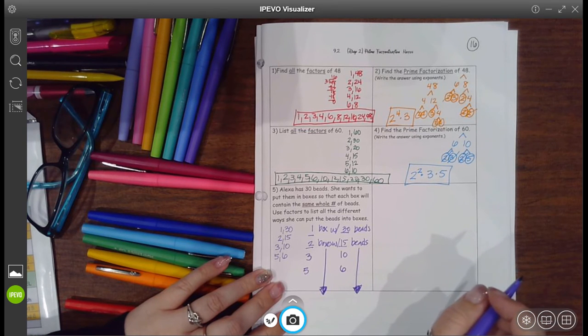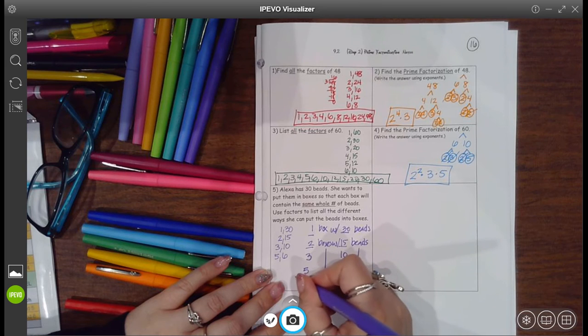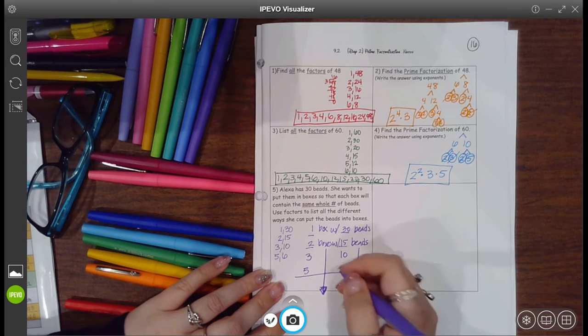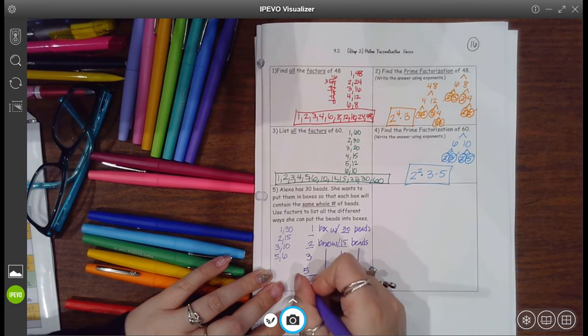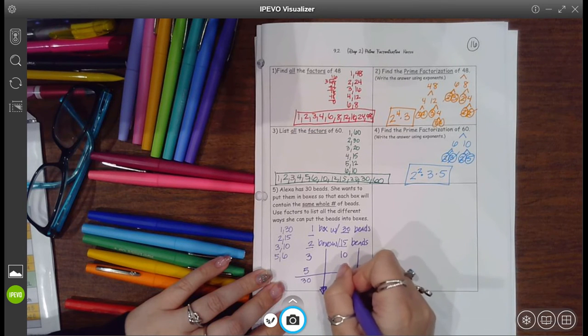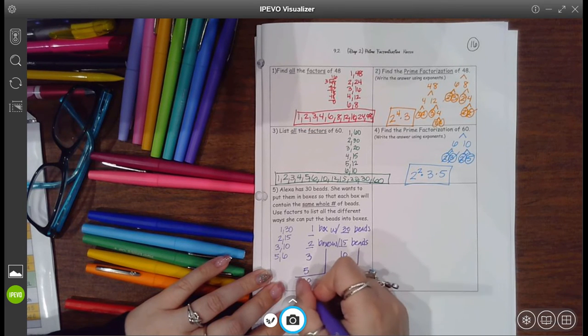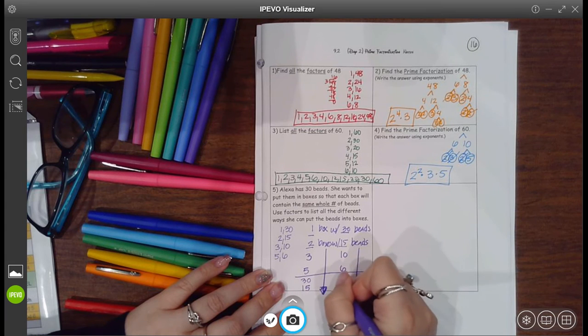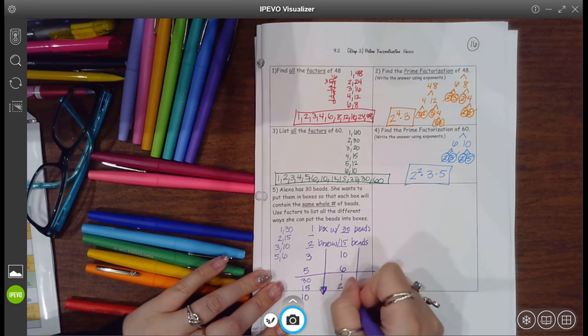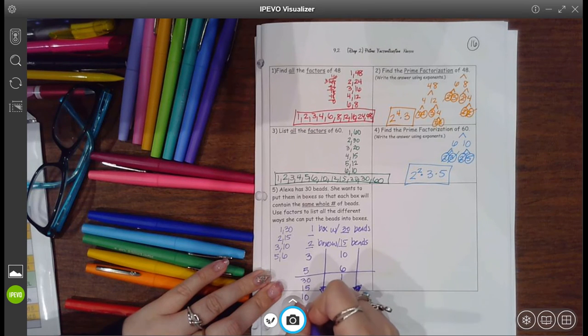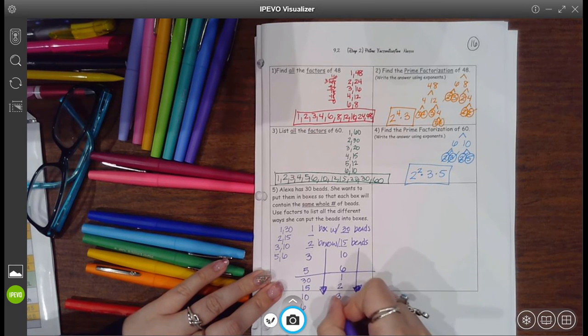But can we? Actually, there's another whole set of possibilities, because instead of 1 box with all 30 beads, I could do 30 separate boxes, each having only 1 bead in there. And I could do 15 boxes that each only have 2 beads, and 10 boxes that have 3 beads, and 6 boxes that have 5 beads.